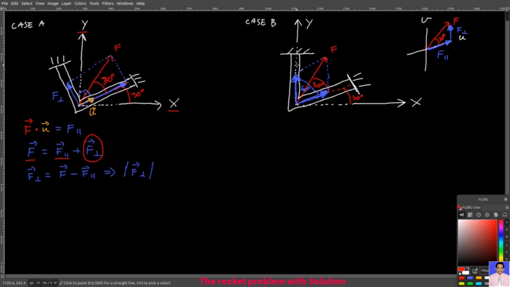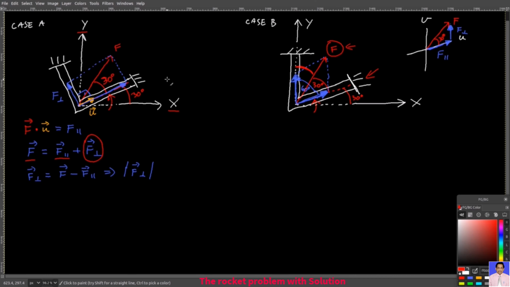However, in case B, the second beam is closer to this force vector, so it will take a bigger component from this force vector. And thanks to that, this beam needs to take a smaller component from this force vector. So intuitively it makes sense why this component is smaller compared to this component here.